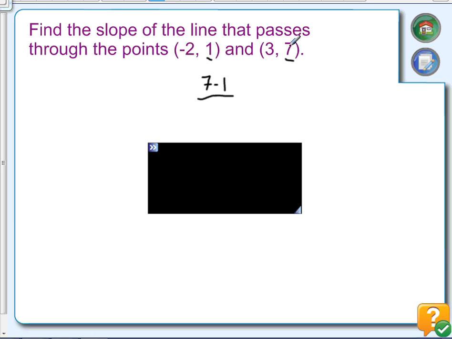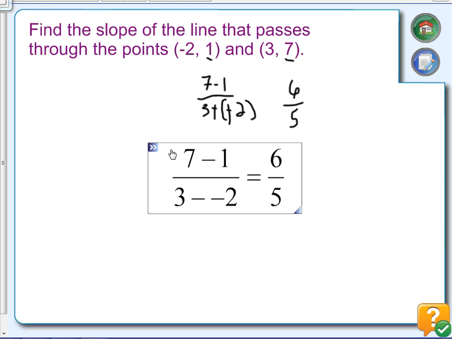If I start with this one first, I have to start with this one first. Then I'm going to do 3 minus -2. So 7 minus 1 is 6. 3 minus -2, if I leave, change opposite because it is subtraction, I will then have 6/5. And I can leave it as an improper fraction because doing that makes rising and running a lot easier than turning it into a mixed number.